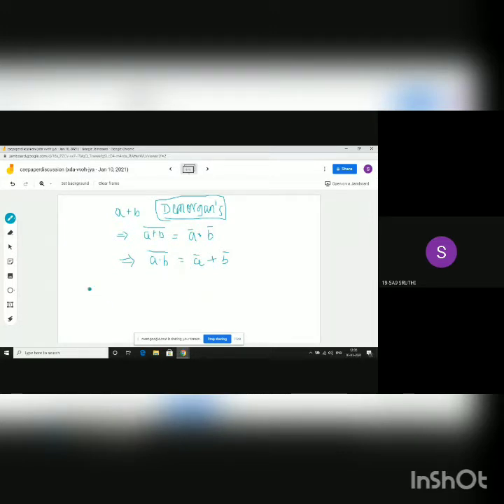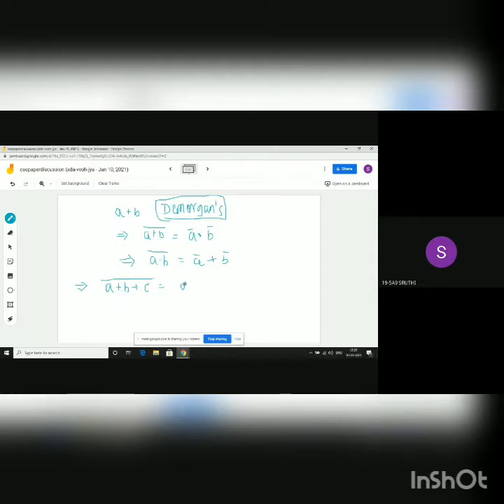Similarly, we have De Morgan's law for three variables. That is A plus B plus C, the whole complement, will become the complement of the individual variables, and the plus will be replaced by the dot operator.